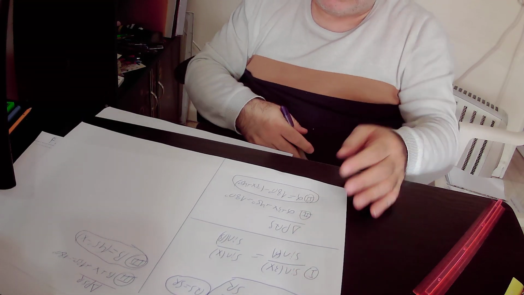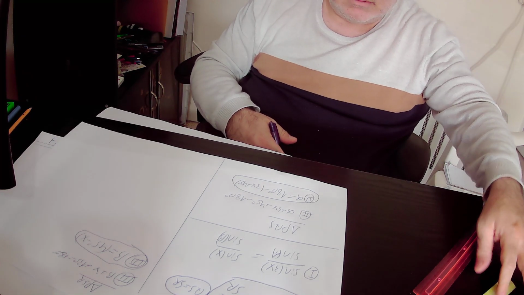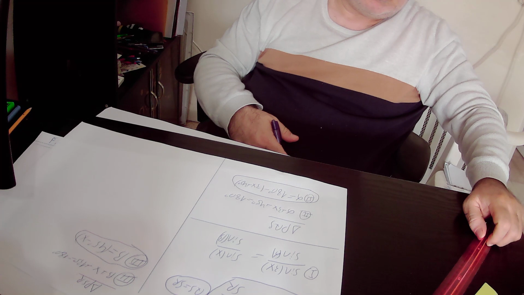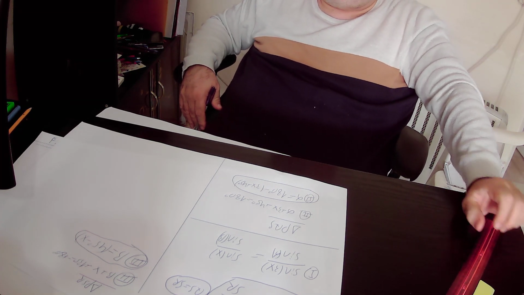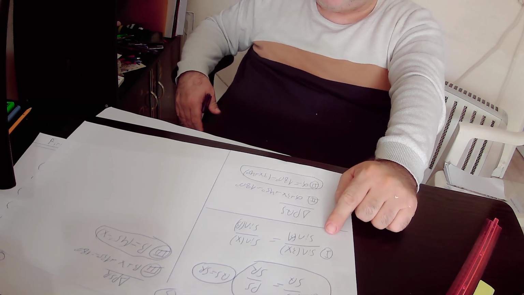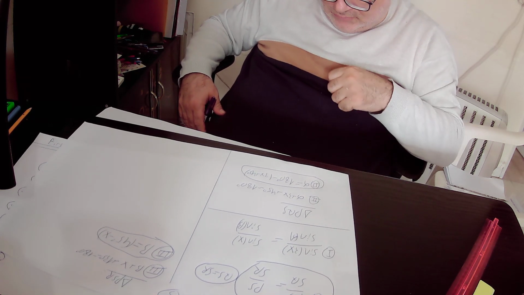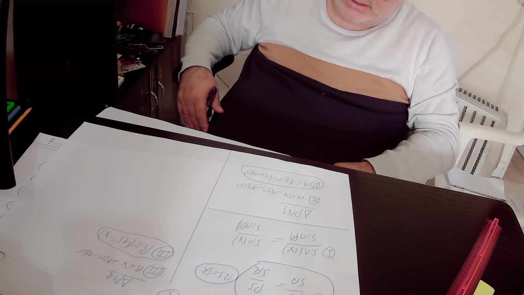So we found the values of angles alpha and beta in terms of x, so we can now substitute alpha and beta in equation number 1 by the values that we found for alpha and beta in equations 2 and 3.